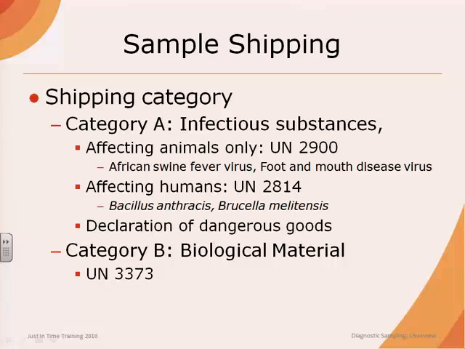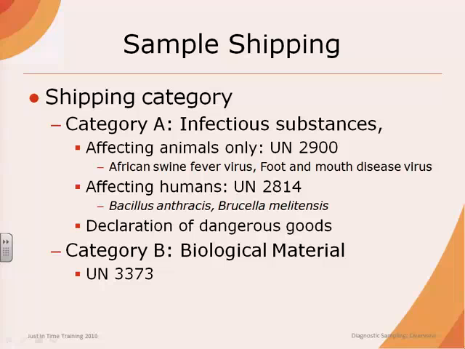Category A infectious substances require specially rated triple packaging materials and must include a declaration of dangerous goods form on the outside of the box. Category B materials are those not in a form that can cause permanent disability or life-threatening disease in otherwise healthy humans or animals on exposure.